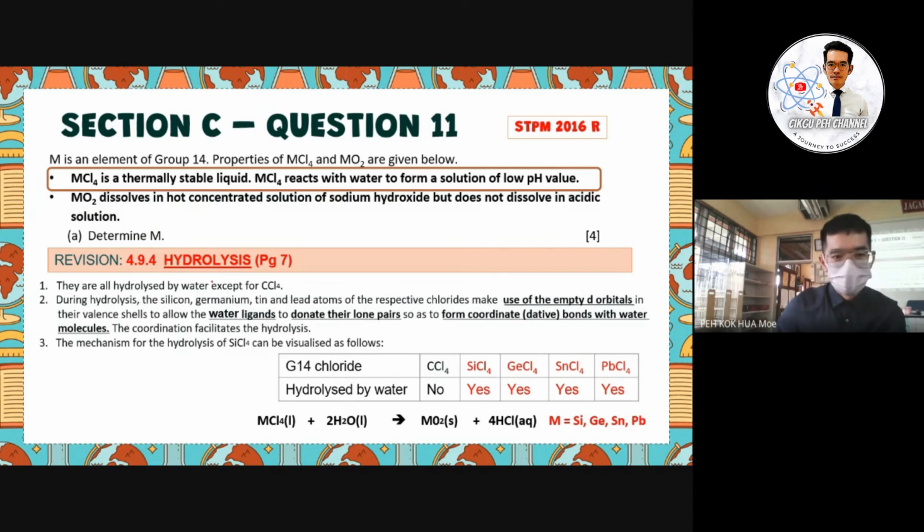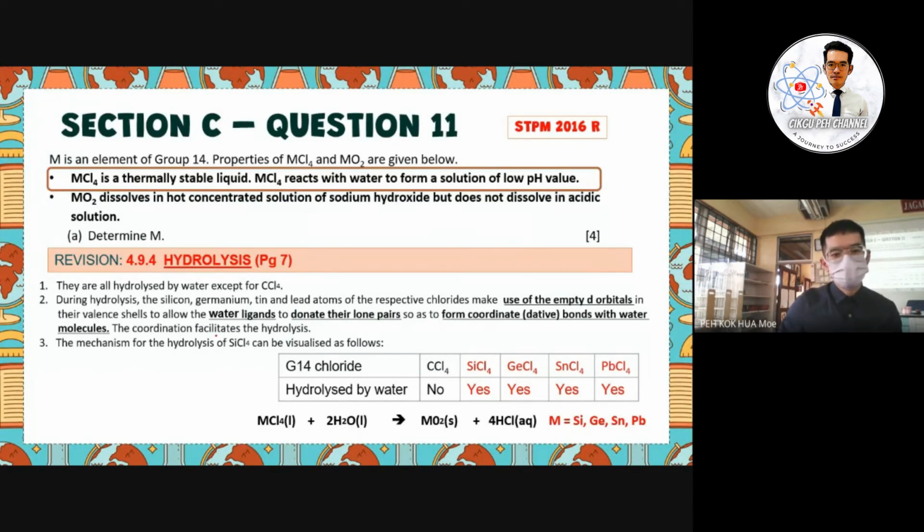According to the notes here, for further discussion, why is silicon tetrachloride able to undergo hydrolysis? Because of the empty d orbital in its valence shell, which allows the water ligand to donate its lone pair to form a coordinate bond with the water molecule.